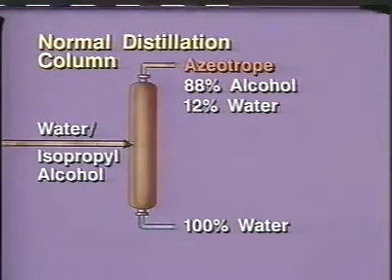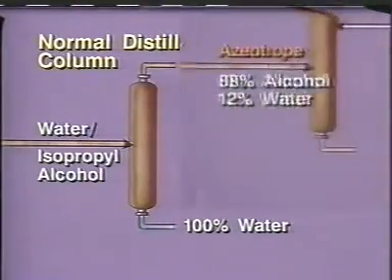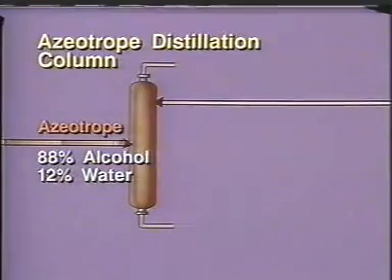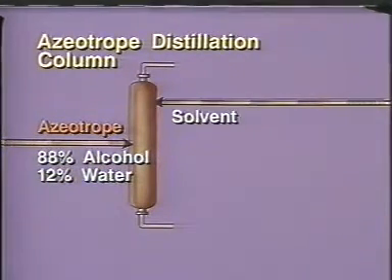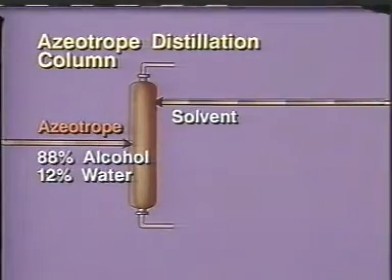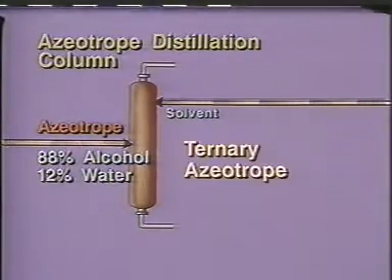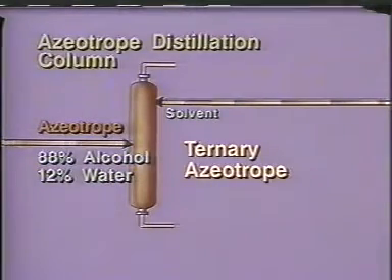In order to obtain a pure isopropyl alcohol product, the azeotropic mixture from the first column is sent to a second tower. In this example, a solvent is added to the system. The solvent joins with the other two components to form a three-way or ternary azeotrope. The major function of the solvent is to absorb all of the water that comes into the tower.